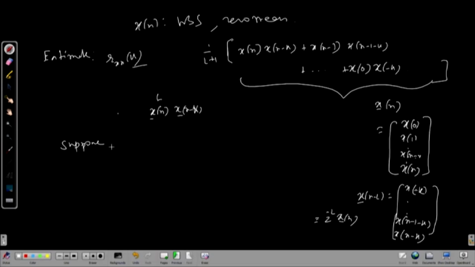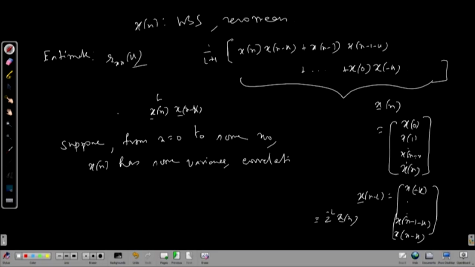Now suppose from n equal to 0 to some n naught, x(n) has some statistics, some variance, correlation, etc. But after this n naught, the statistics changes.